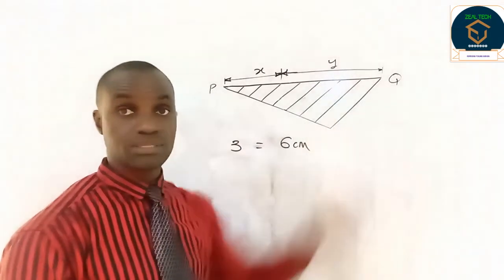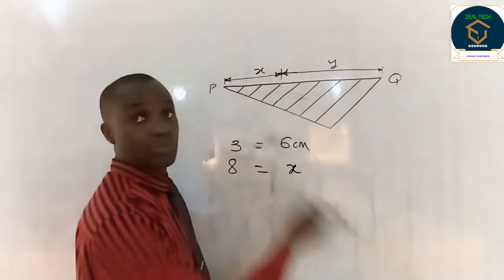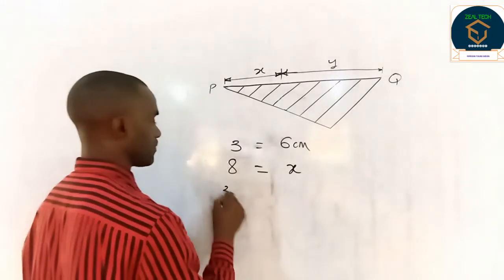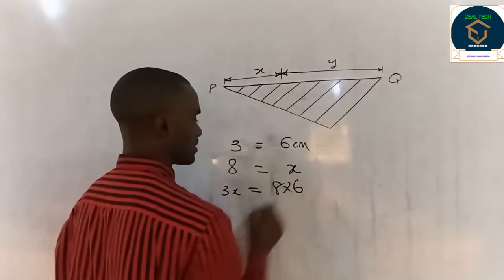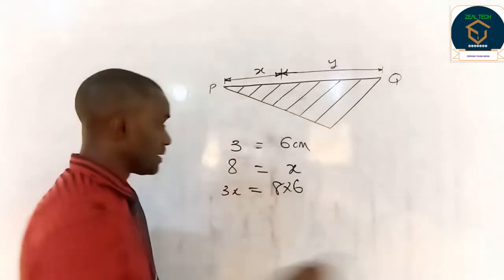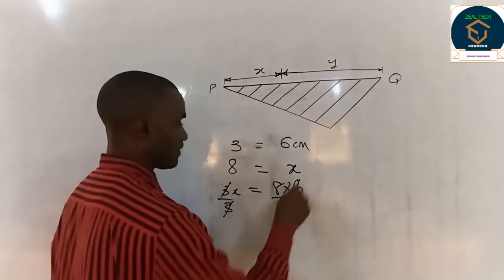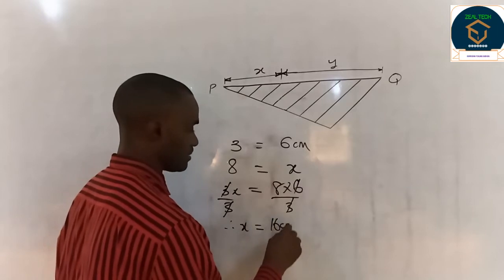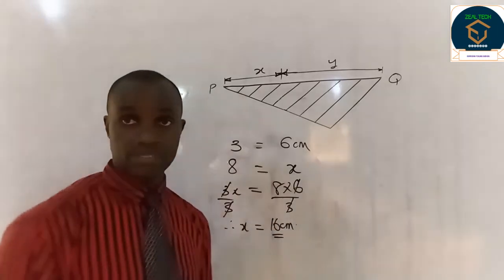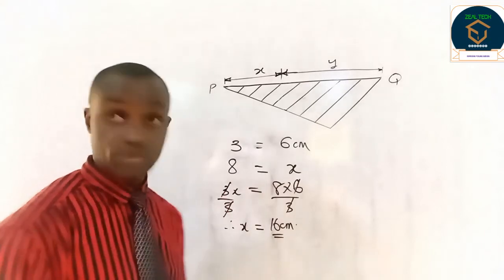If you count it, there are 8 of them. So what will be the length if it is 8? We cross multiply. We're going to have 3x equals 8 times 6. When you divide both sides by 3, you will have that x is 16 centimeters long. For that reason, the answer is 16 centimeters, which is D.